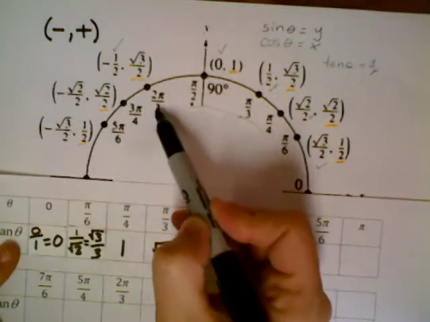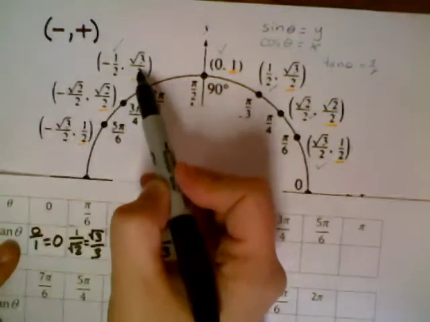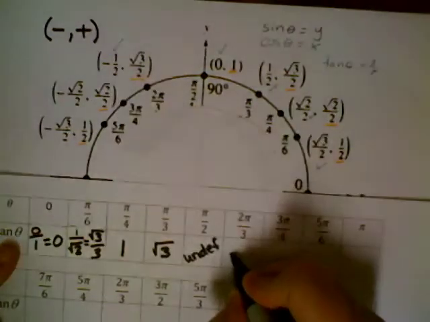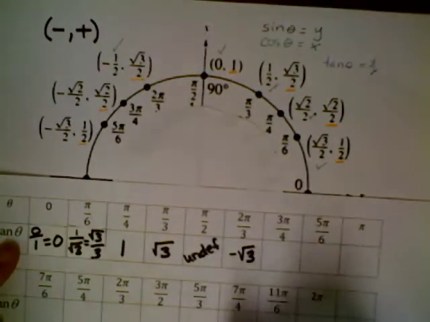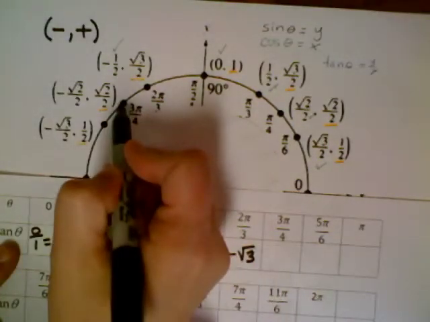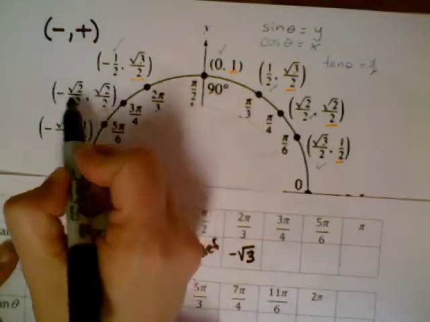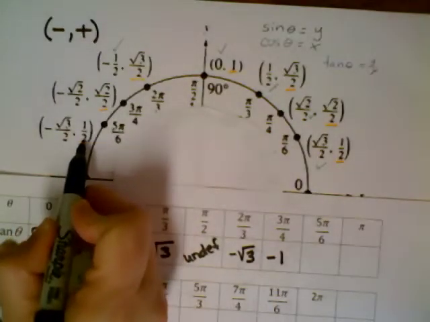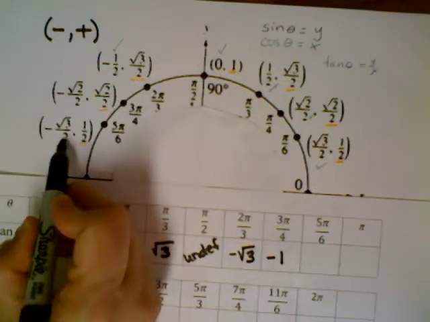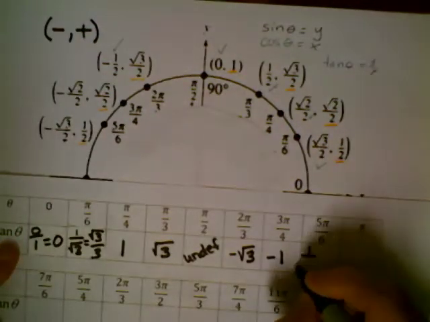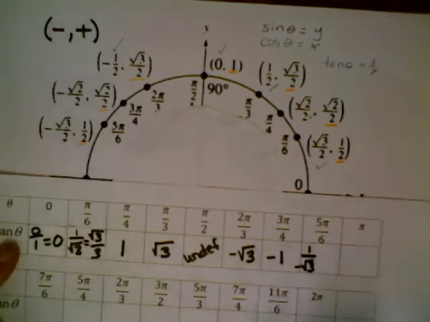Tangent of 2 pi over 3 will be square root 3 over 2 over negative 1/2. The denominators cancel, and we're left with square root 3 over 1, negative. When the angle is 3 pi over 4, y over x will reduce to negative 1. And when theta is 5 pi over 6, y over x, the denominators cancel, and we're left with 1 over negative square root 3.